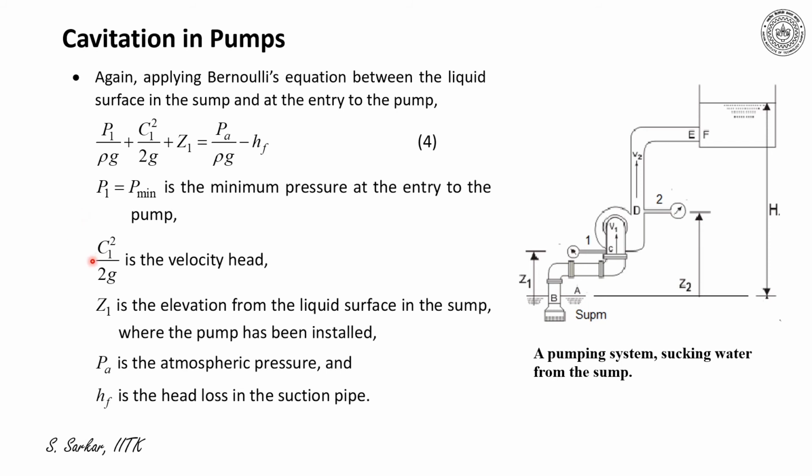C1 squared by 2g is the velocity head. Z1 is the elevation from the liquid surface in the sump where the pump has been installed, PA being the atmospheric pressure, and HF is the head loss in the suction pipe.